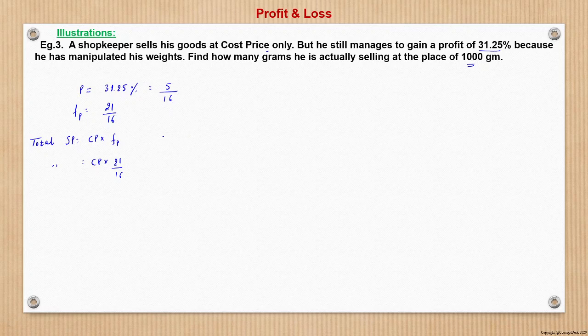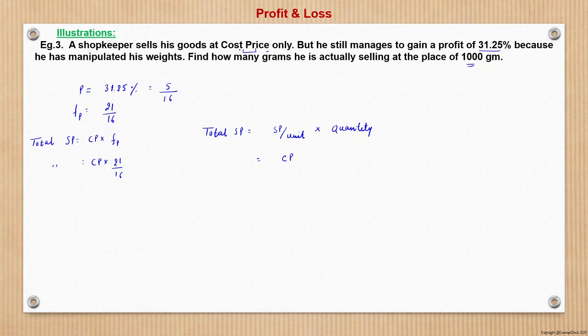So total SP again can be written as SP per unit into quantity, right? And SP per unit remains the same, that is CP.